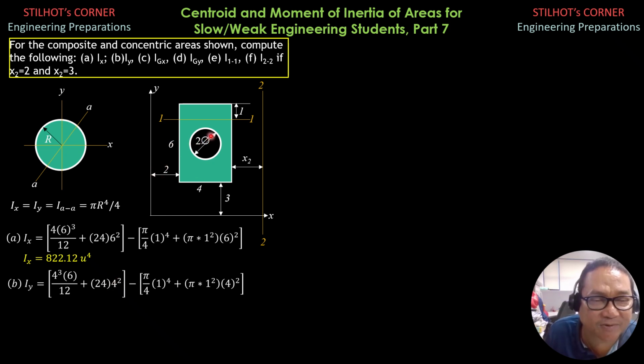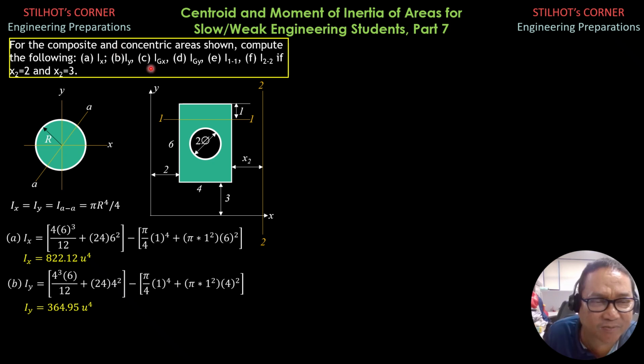Then minus, we transfer the moment of inertia of the circle, which is pi over 4 times 1 to the fourth, plus the area, pi times 1 squared, and the distance of the centroid of the circle from the y-axis is also 4. So that's why we have 4 squared. Calculating, it is equal to 364.95 units to the fourth.